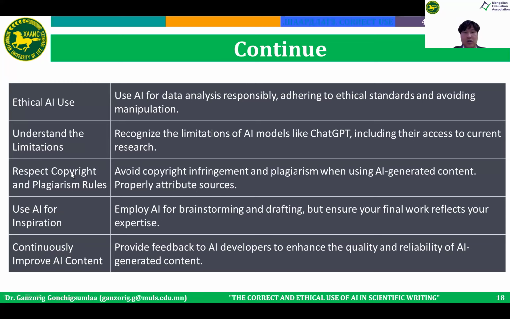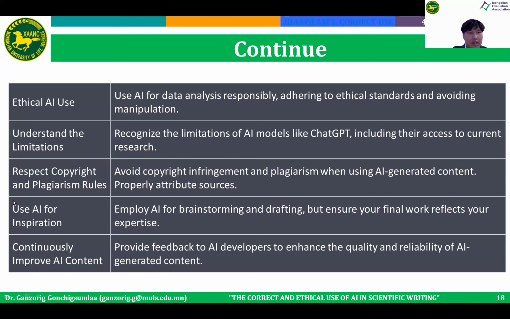Someone means a person, not AI. So if you directly use some message or responses from the AI, then you have a problem, a copyright issue, because you did not generate this idea, and not AI either, but someone somewhere else at some point in time. So you have to be very careful about these copyright issues and plagiarism.